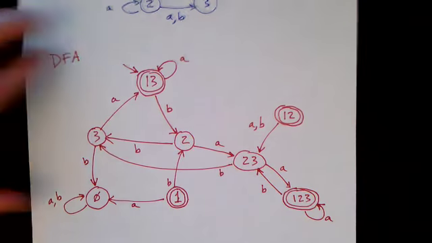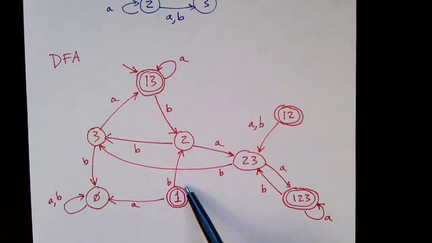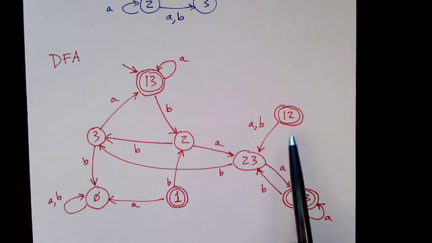One thing to note is that state {1} is unreachable, and state {1, 2} is also unreachable. So we can safely remove these states from our machine without changing its functionality. But the other 6 states are necessary.